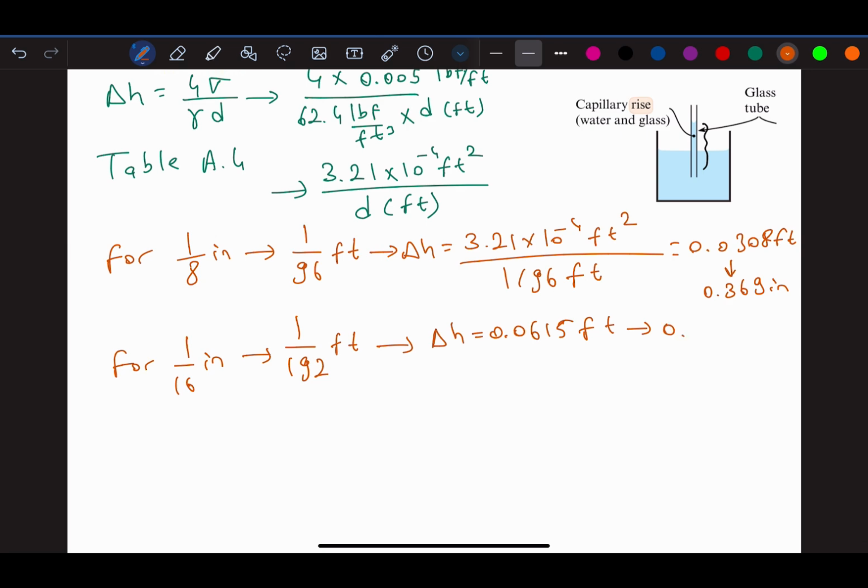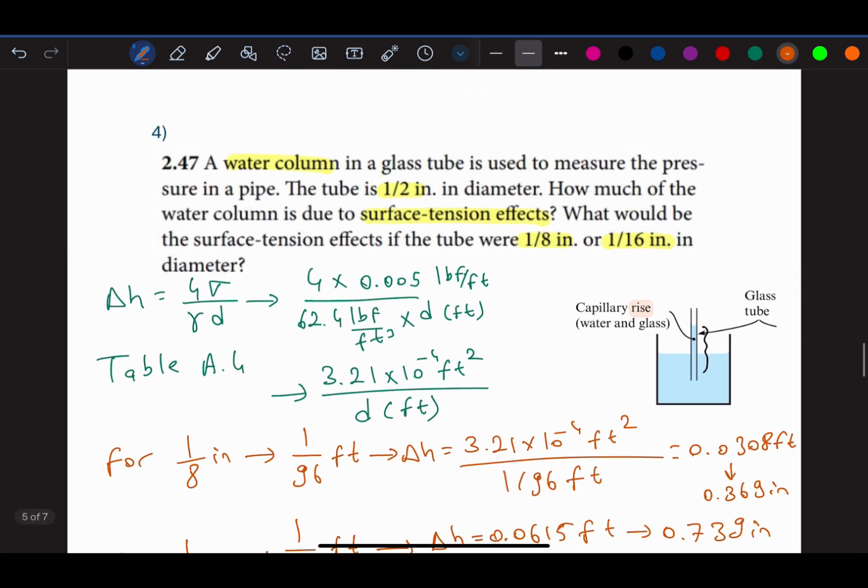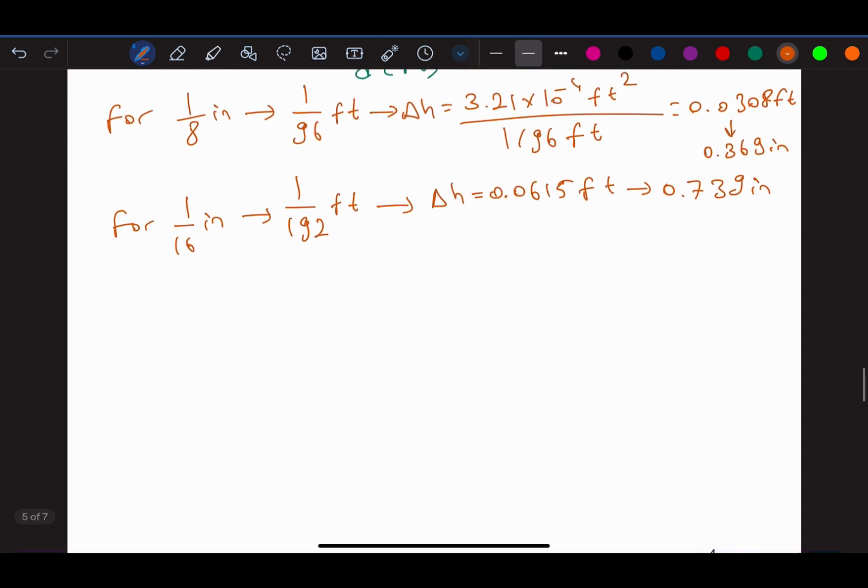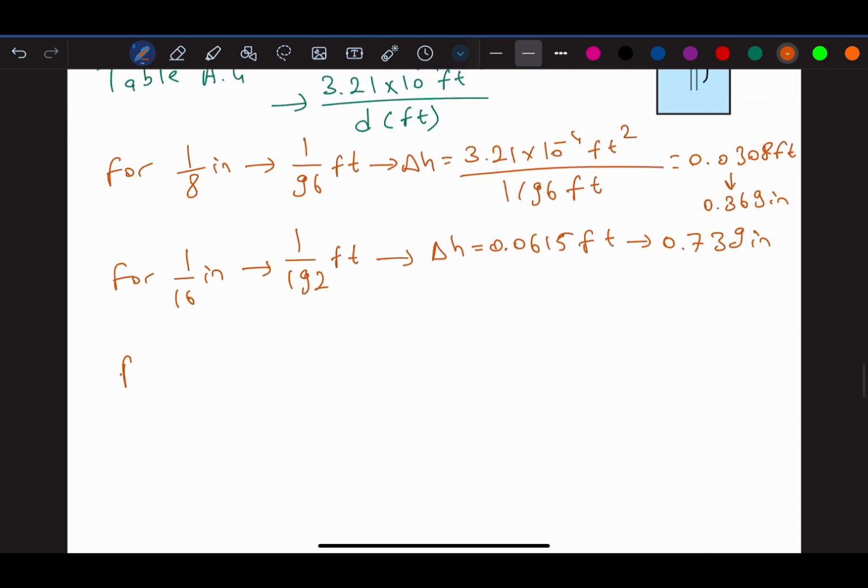And this will be 0.739 inches. And finally, we can get half inch, which is 1/24 feet.